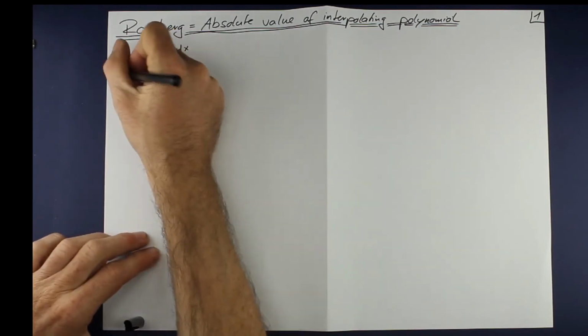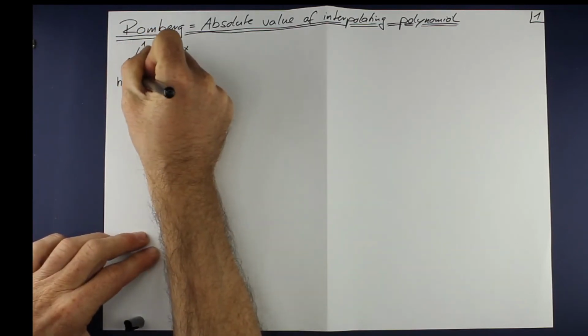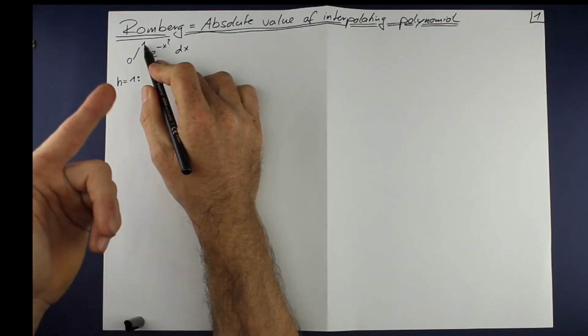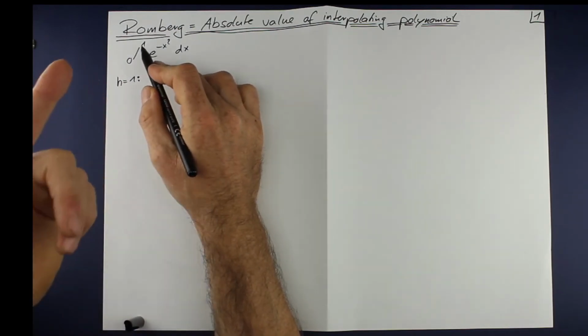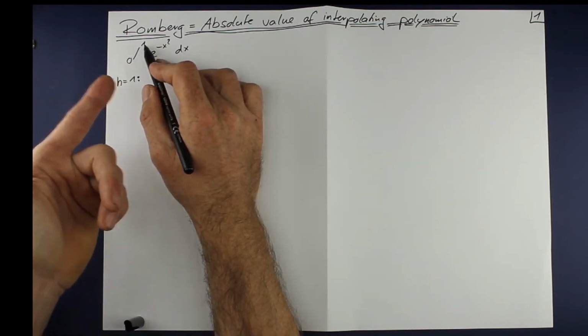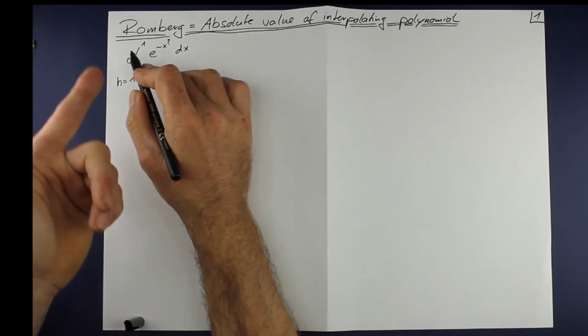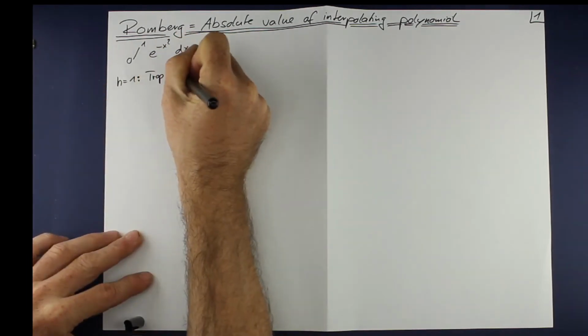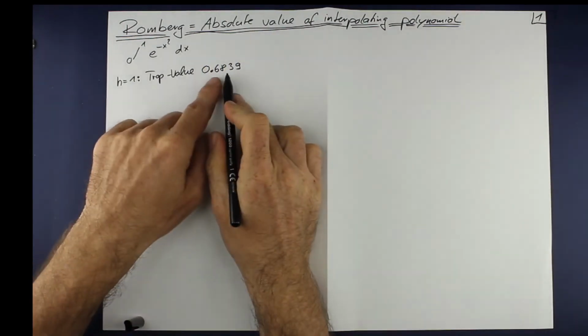If we take h equal to 1, we evaluate at position 0 and at position 1, and then a half times the value at position 0 plus a half times the value at position 1, times the interval length 1 in this case, and then we get this trapezoidal sum.